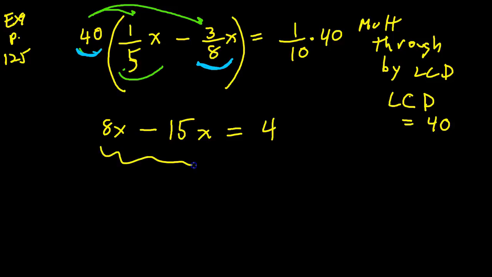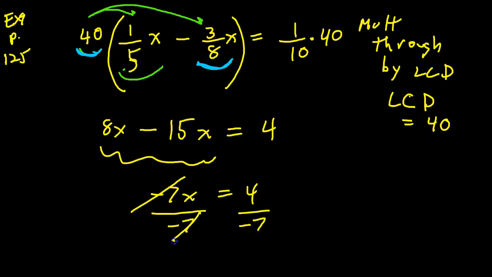These are like terms, of course, so I can just add or subtract the coefficients as indicated. 8x minus 15x is minus 7x, of course, equals 4. I'll now divide both sides by negative 7. And I'll get x equals 4 over negative 7.